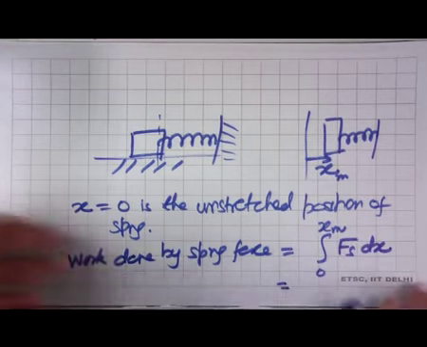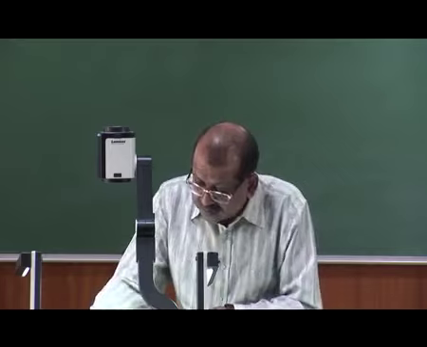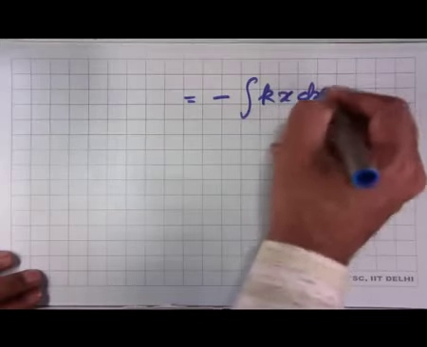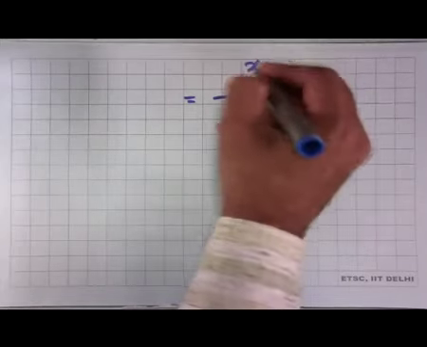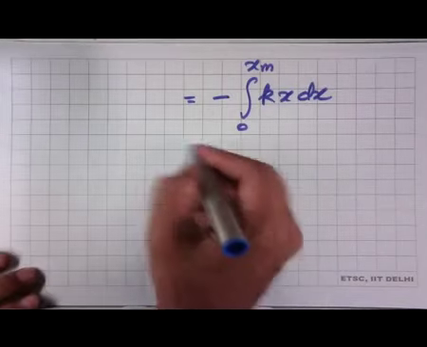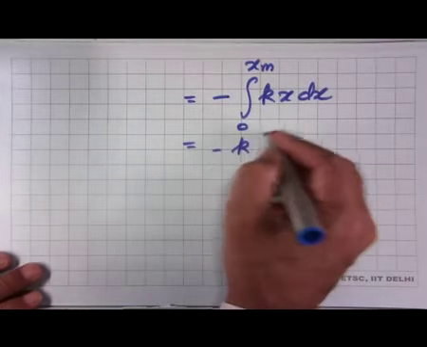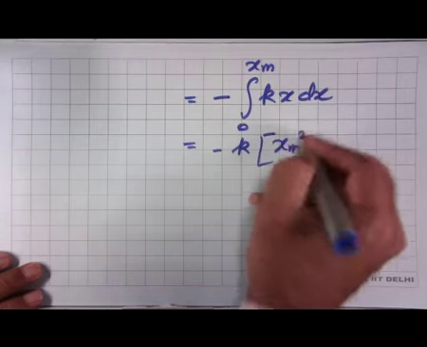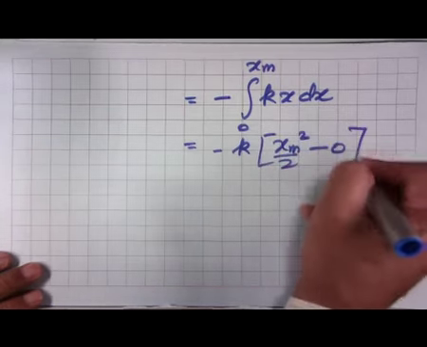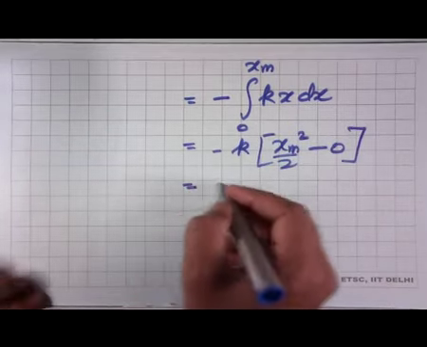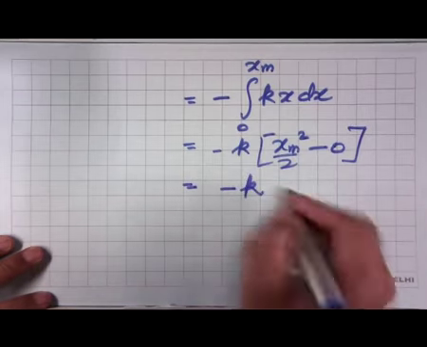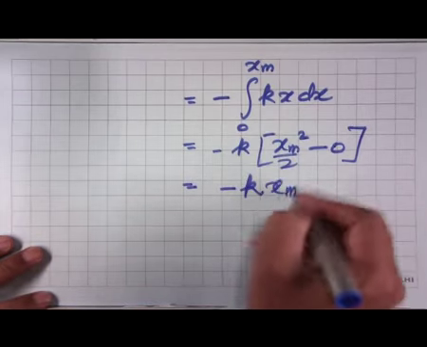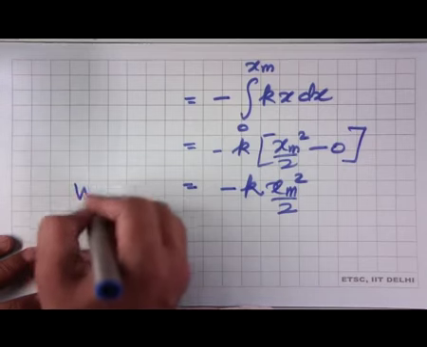And this force due to spring, we have seen, is minus kx dx, x going from 0 to xm. So this becomes minus k times xm square by 2 minus 0. Therefore, the work done by spring is equal to minus k times xm square by 2.